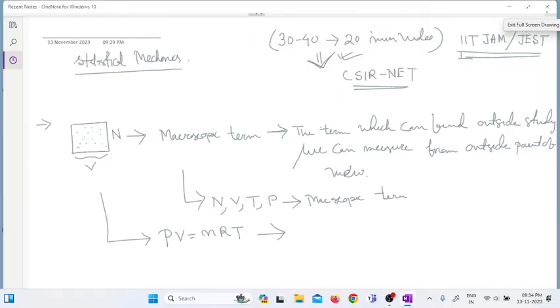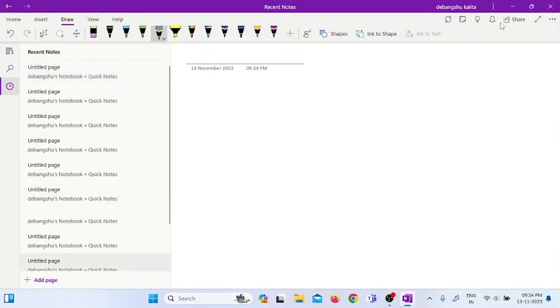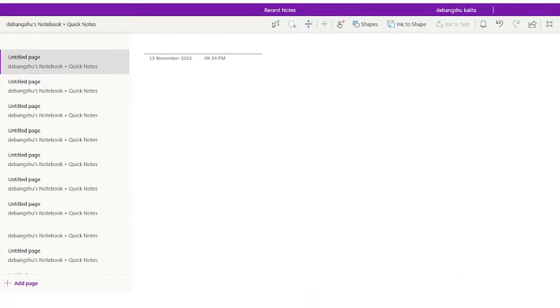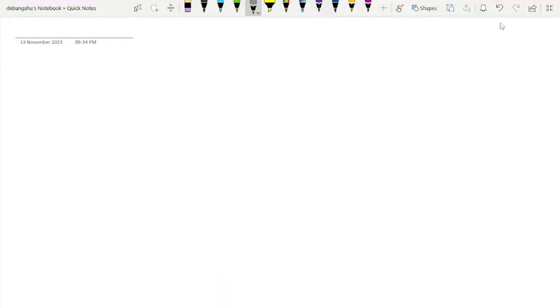Now I go to the statistical mechanics part. What about statistical mechanics? Same system. Let's consider the previous system again, which I discussed in the thermodynamics part.